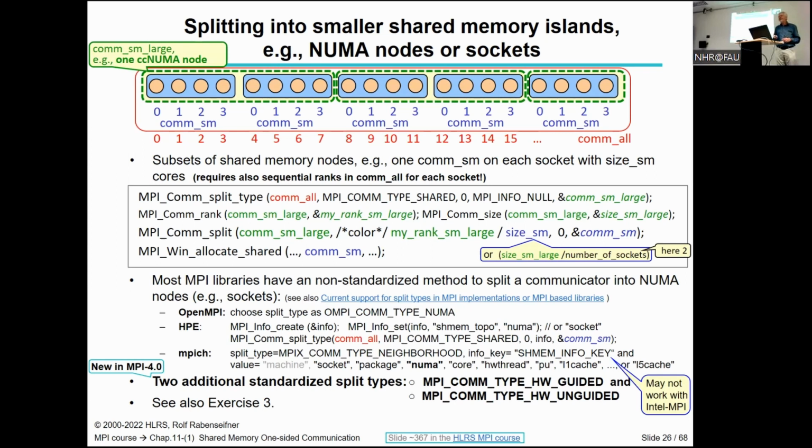And therefore, the unguided would split here into the 2 CPUs, here into the 2 CPUs, and here it would split into the 4 cores. That would not be helpful. Therefore, with MPI 4, it was still not a perfect thing what we added, but for 4.1, we will specify standardized keys for the guided, and then we can be happy.